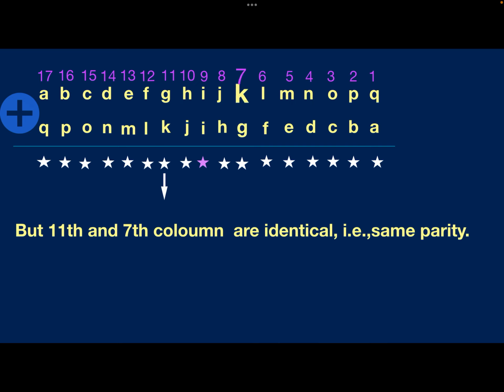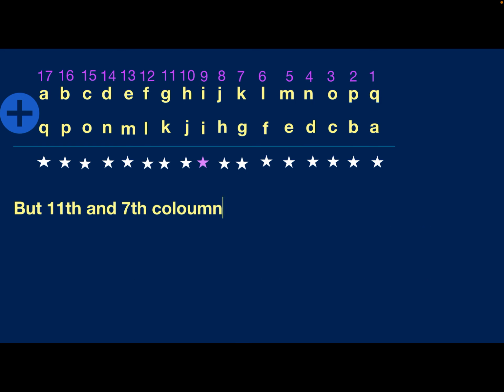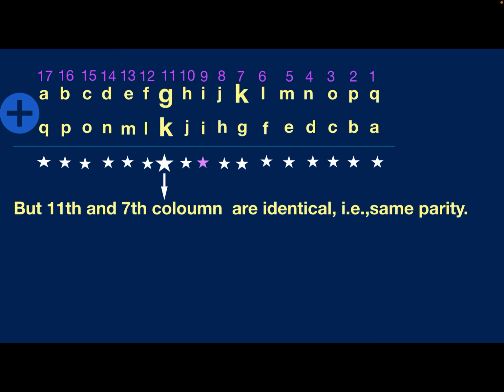So just by seeing this feature, we can easily understand that the 11th and 7th columns are identical.